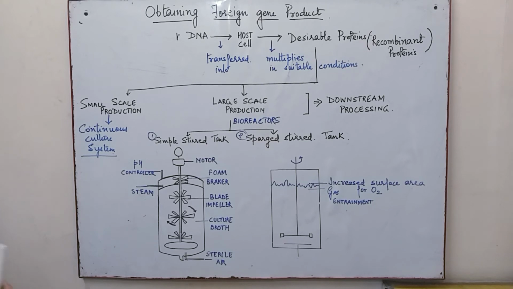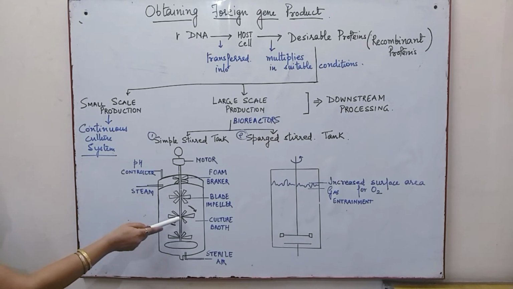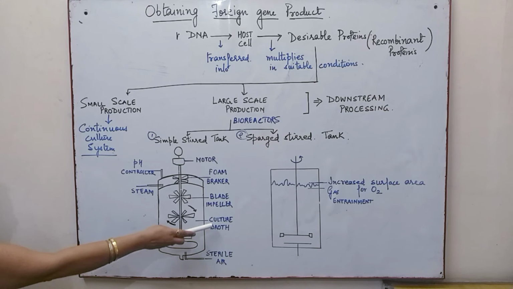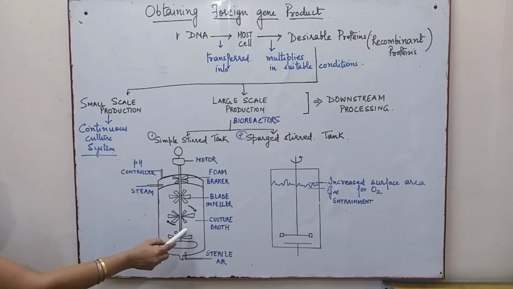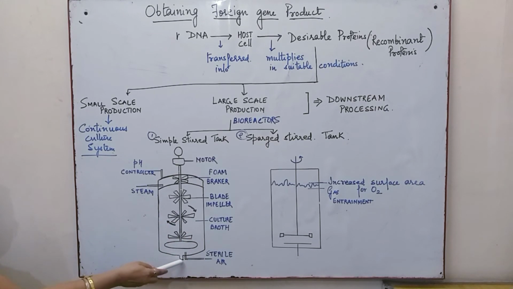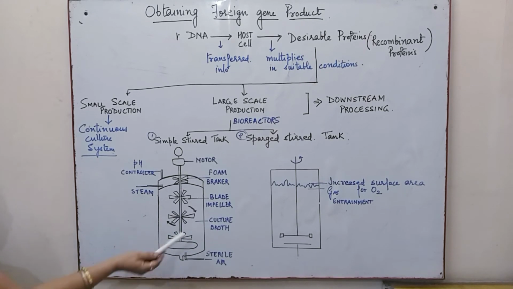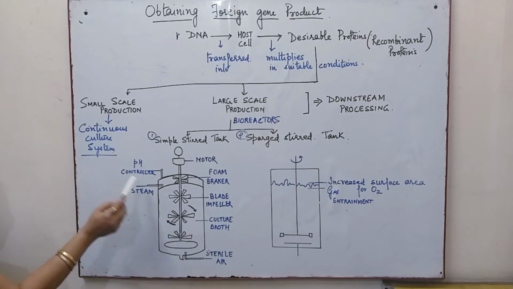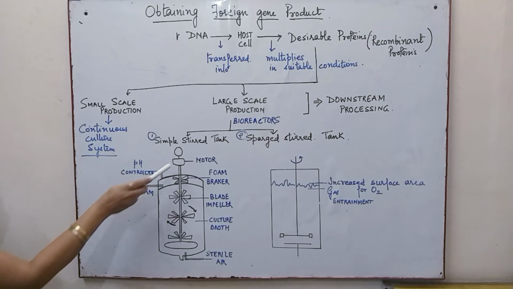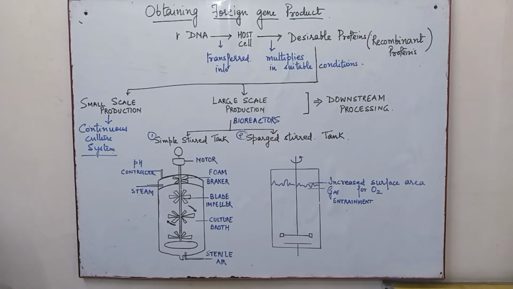So this method involves the use of the blades, and the culture medium is over here. The culture medium is here, and oxygen is continuously being put in. As a result, it is continuously mixed with the help of the impellers, and the pH is regulated. The motor is there which regulates, and from time to time the samples are removed to check the quality of the product.